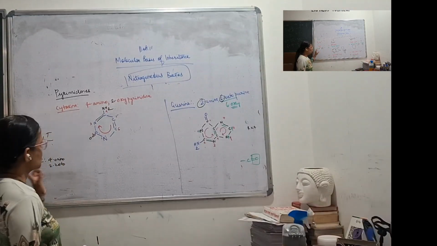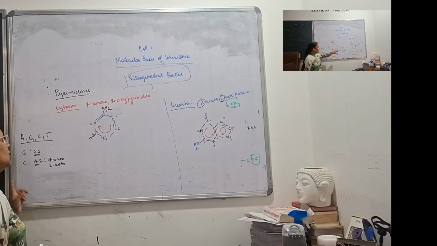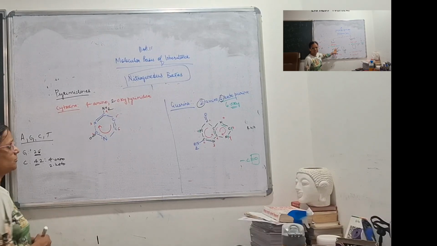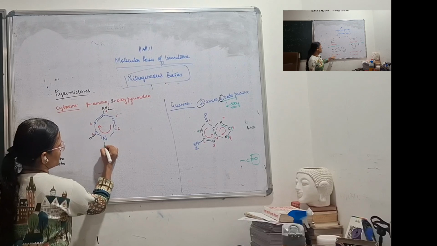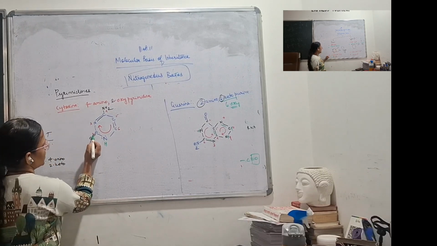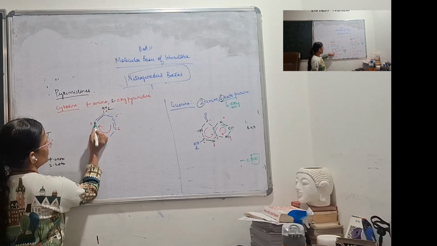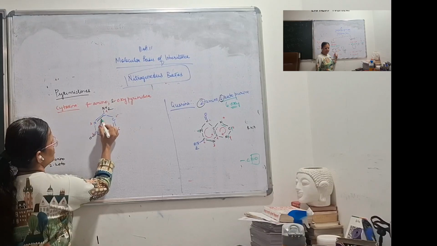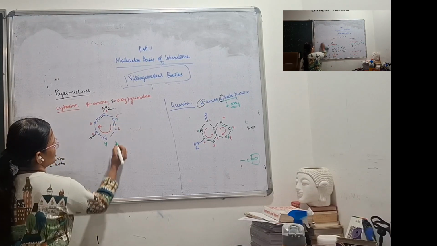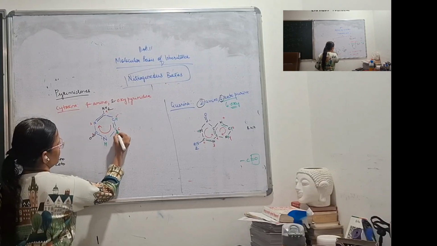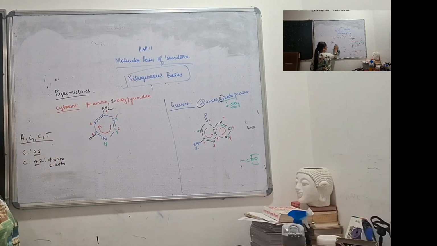Right? Now last what is remaining is balancing the valency of nitrogen and carbon. Let's start with nitrogen first. 1, 2, 3 is H. Then 2, 1, 2, 3, 4. Nitrogen 1, 2, 3. Carbon 1, 2, 3, 4. Carbon 1, 2, 3 and H. This carbon 1, 2, 3 and H. Okay.